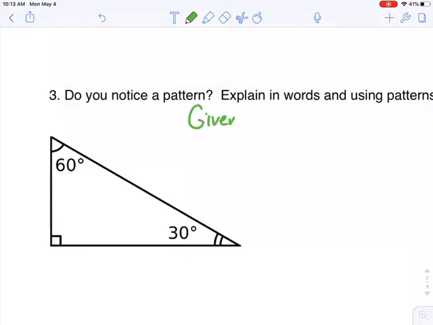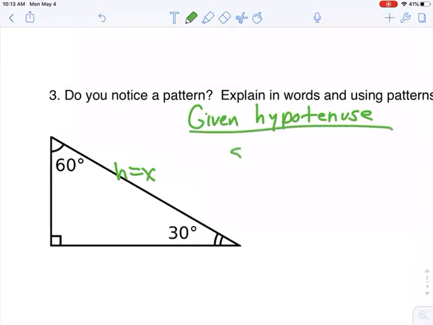So this was just given the hypotenuse. So this time we're going to say that's x, h equals x. The short leg equals the hypotenuse divided by 2. So over here, the short leg would be x over 2.